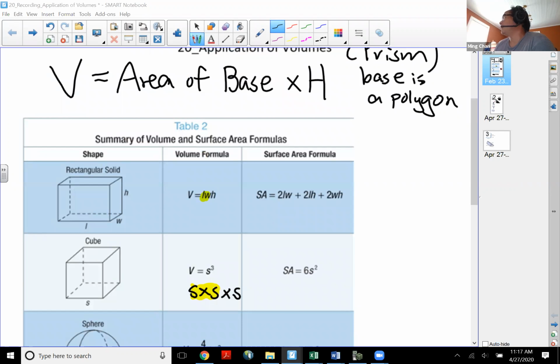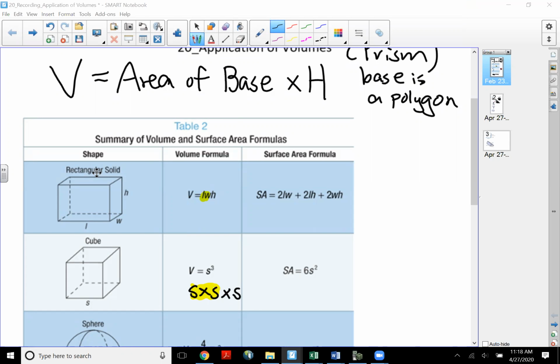How many bases does it have? The rectangular solid has how many bases?